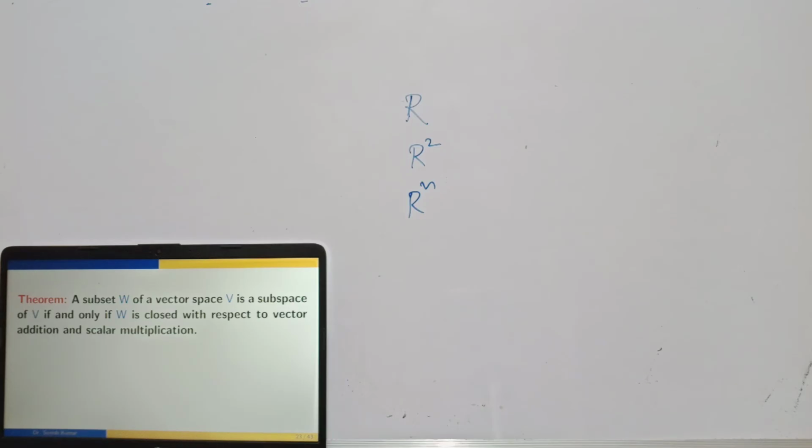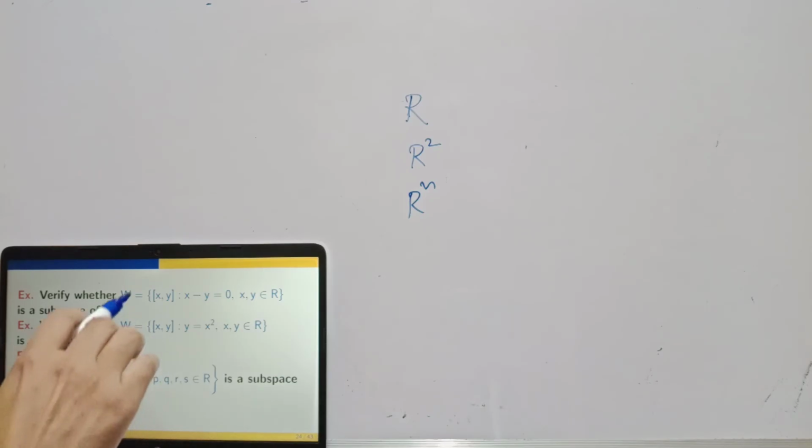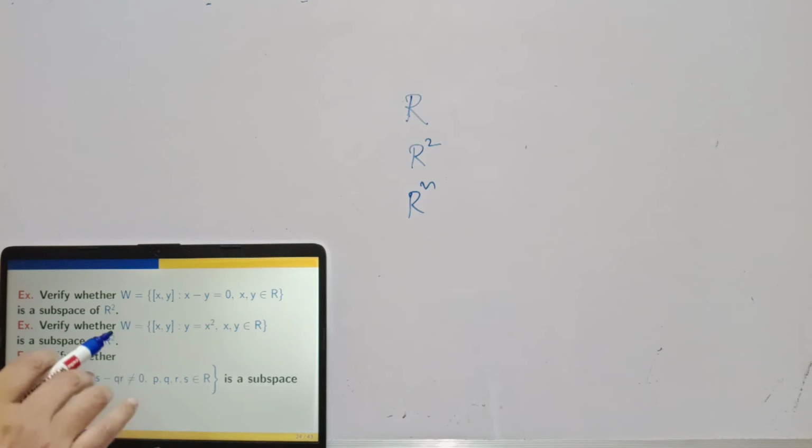Verification of those two properties is equivalent to verifying all the 10 properties. So this is how we check W is a subspace of V. We did some examples on this. This is a subspace, but the other two sets are not subspaces. We did these things in the previous lecture.